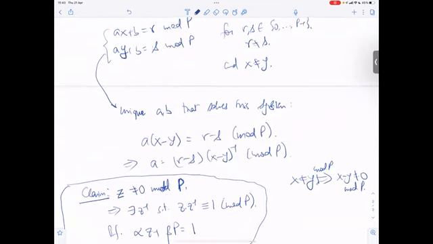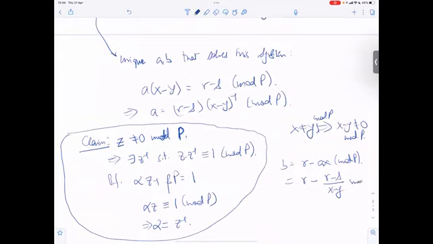So what do you get? B is equal to R minus AX mod P. This is equal to R minus (R minus S) upon (X minus Y) times X mod P, and this simplifies to (SX minus RY) times (X minus Y) inverse mod P. Correct?